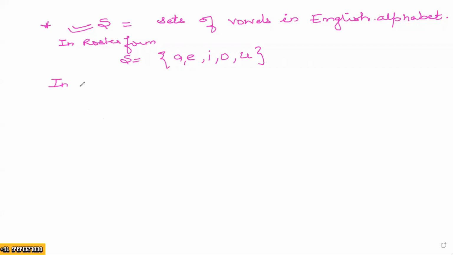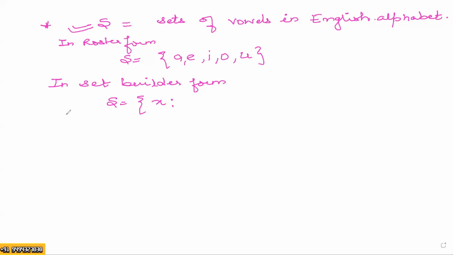Jaswant, just tell me in set builder form, how will I write? Ma'am, S is equal to {x such that x is A, E, I, O, U}. Yes, you will write it like that.